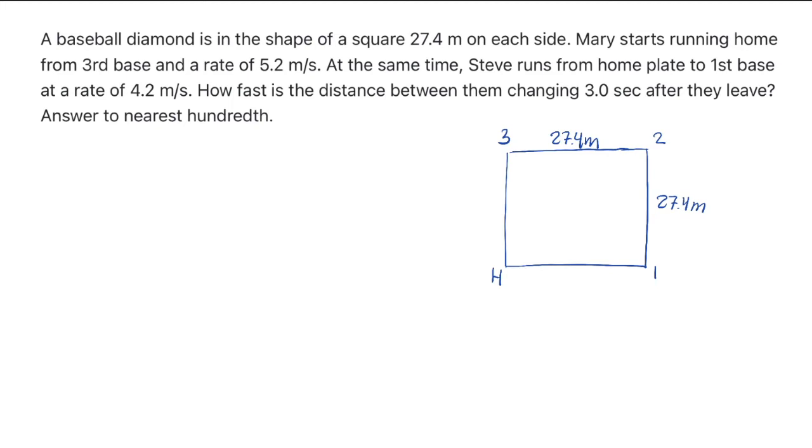And then it tells us that Mary starts running home from third base. So that means that Mary starts right here and she starts running this way. So this is Mary. And she runs at a rate of 5.2 meters per second.